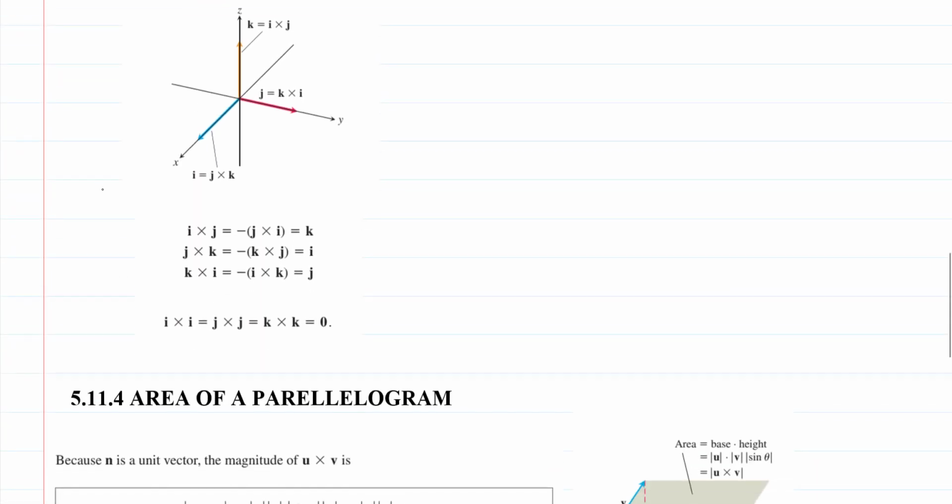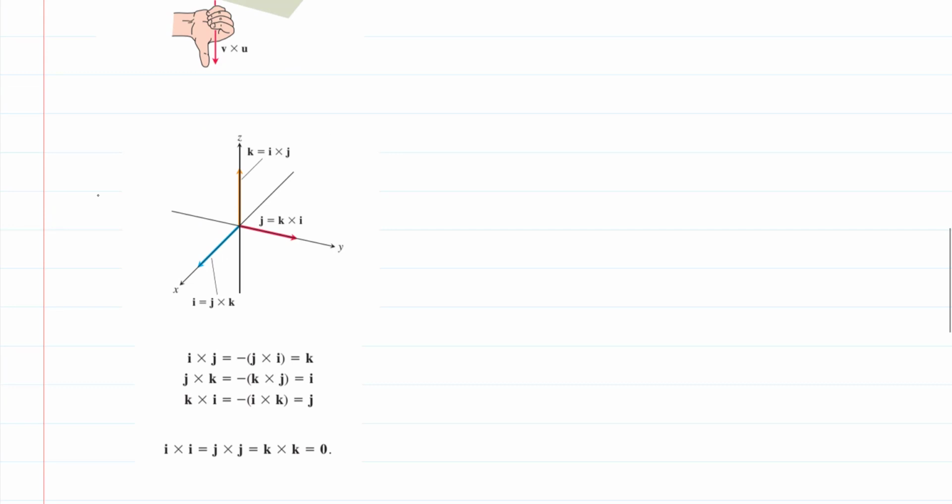Okay, going back to unit vectors. If we have unit vectors in the space xyz, with i pointing in the x direction, j in the y, and k in the z, what we need to know is that by the right hand rule, if I move from i cross j, the thumb will point up, so that's k.